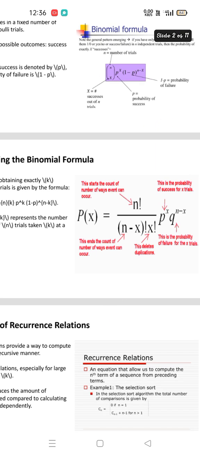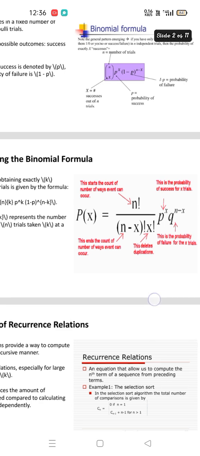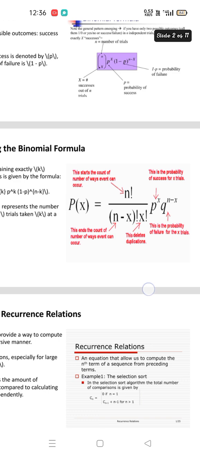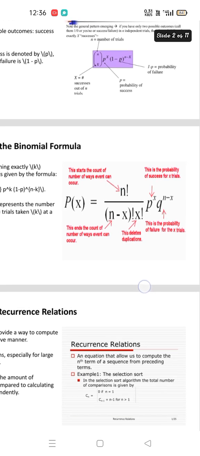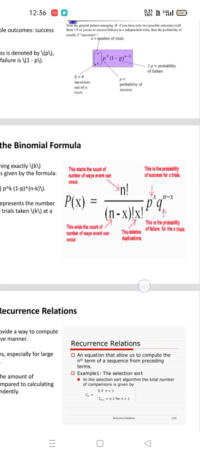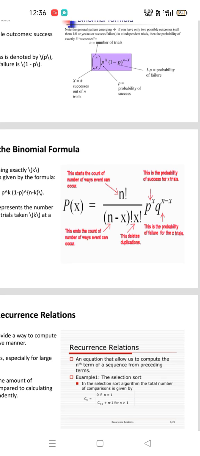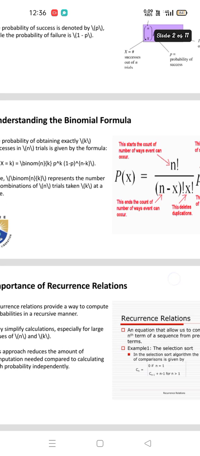Here n factorial starts the count of the number of ways an event can occur, and (n minus x) factorial ends the count. x factorial deletes duplications, and q^(n minus x) is the probability of failure for the n minus x trials. p^x is the probability of success of x trials.